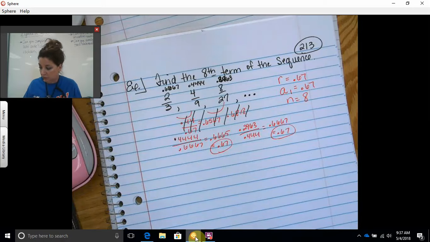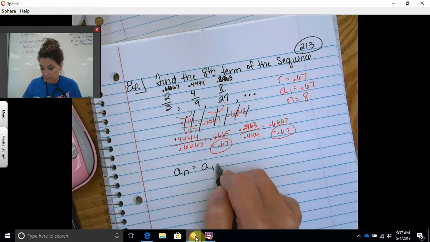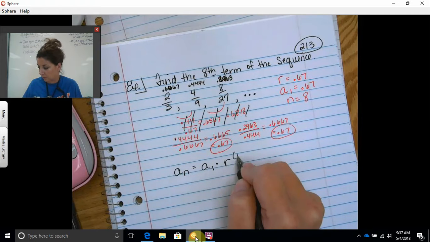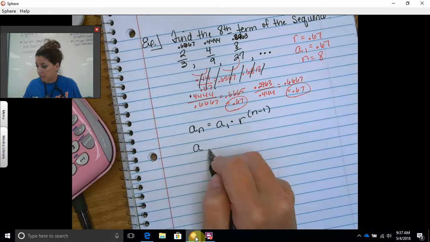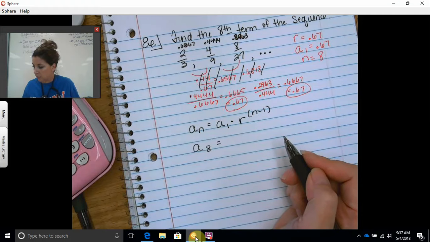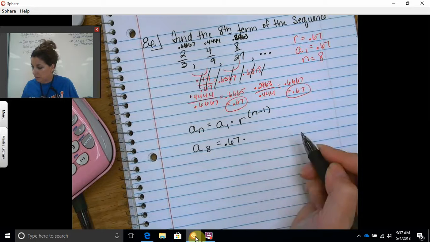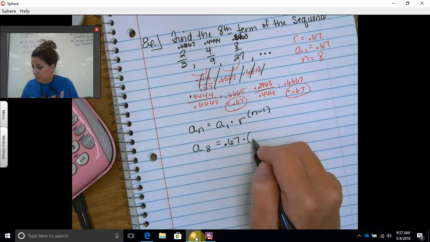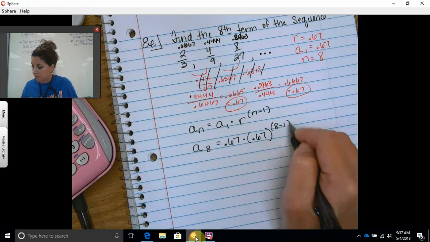So we're going to take our little formula. We're looking for a sub 8 equals a sub 1 times common ratio 0.67 raised up to the 8 minus 1.